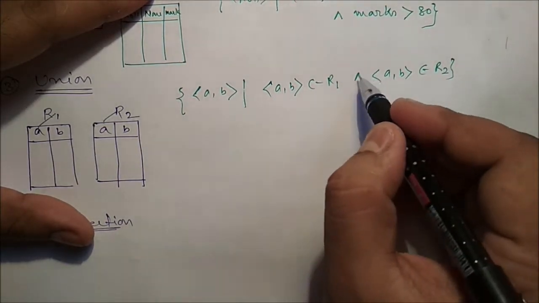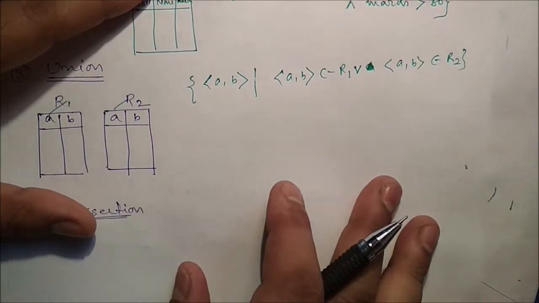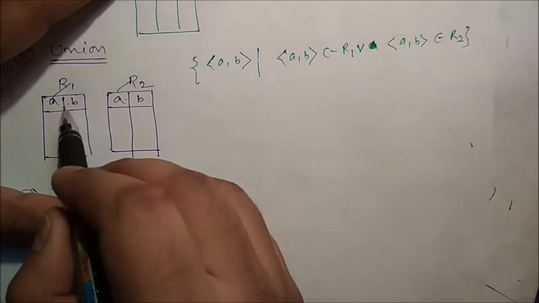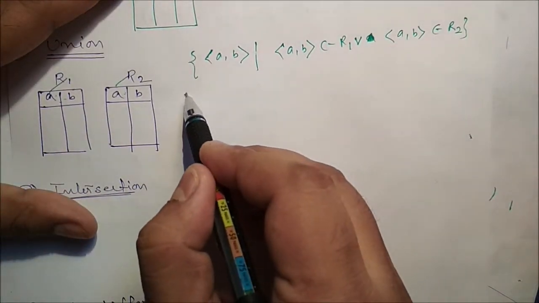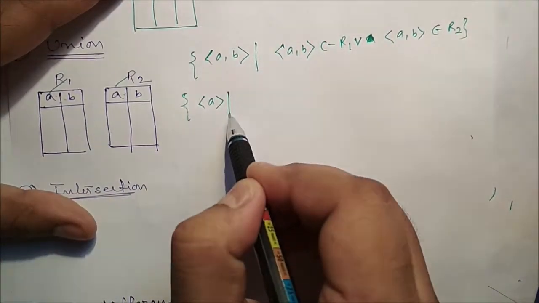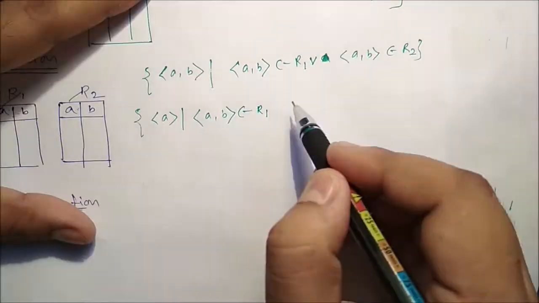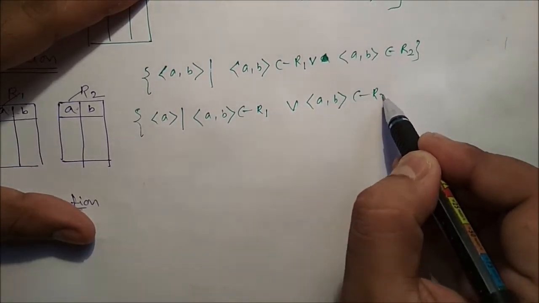Instead of and, we have to use or here. Similarly, to apply union on the A attribute only, we write A where AB belongs to R1 or AB belongs to R2.